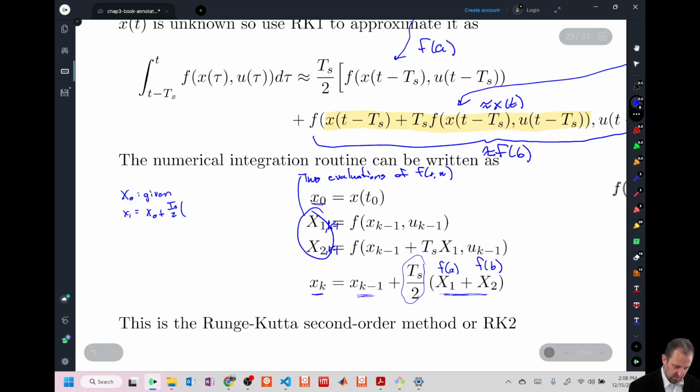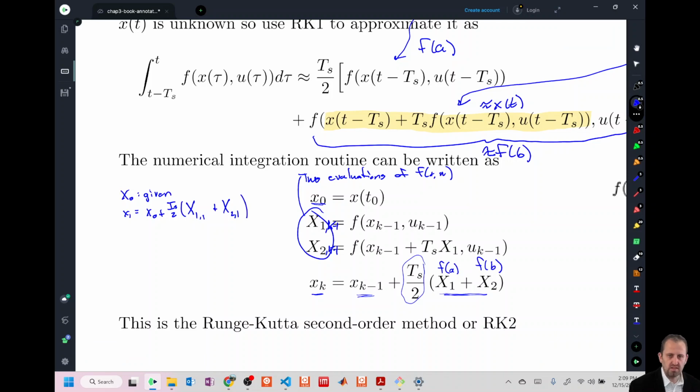So we'll do our x1, k minus 1, plus x2, k minus 1. And in this case, we know what k is, right? It'll just be 1. 1, 1, 2, 1.